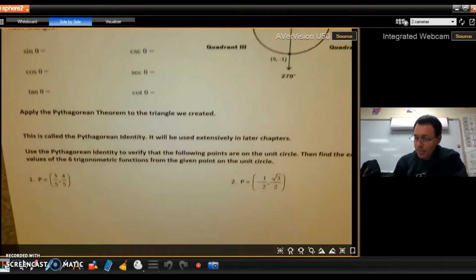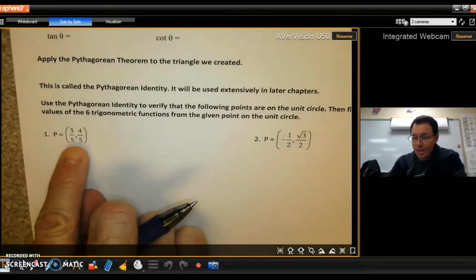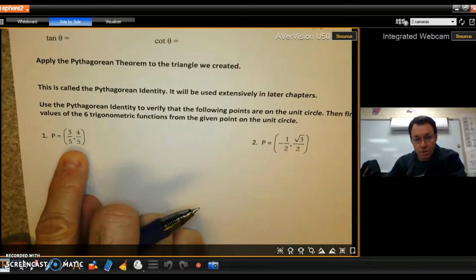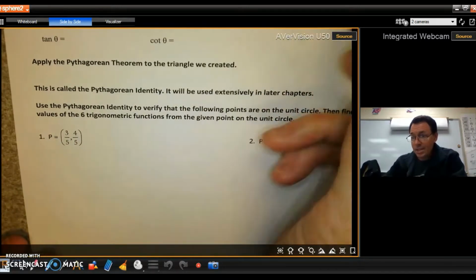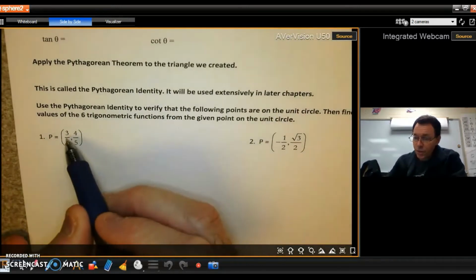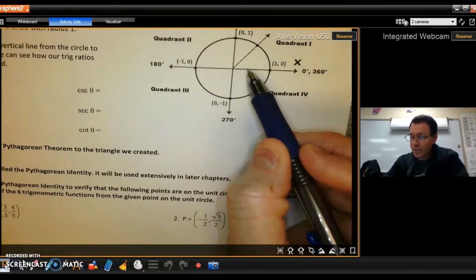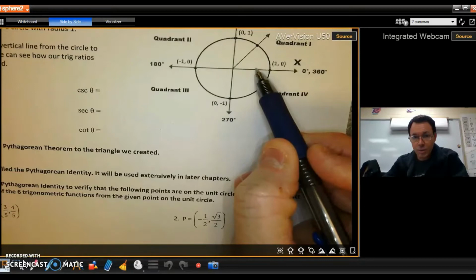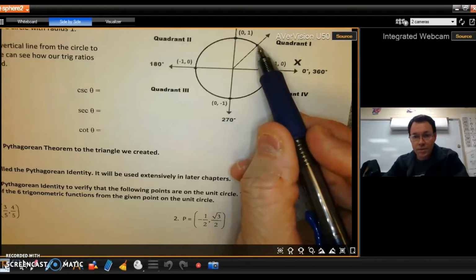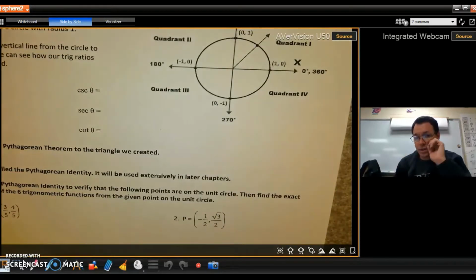So if you look down at the bottom, you'll see some examples. Okay, that is a point that is on a unit circle. Maybe that's the point that I was just referring to. Go over 3/5, so a little bit more than half, and then go up 4/5, and boom, you're going to land right on that circle.